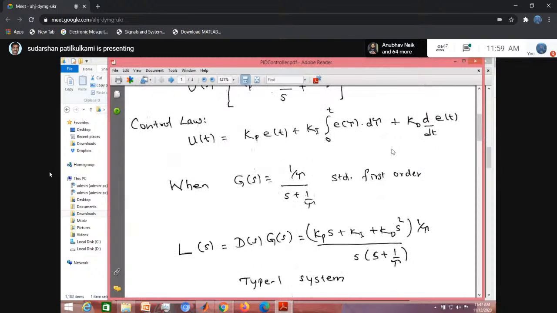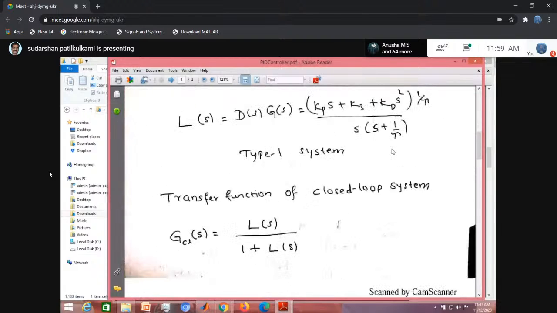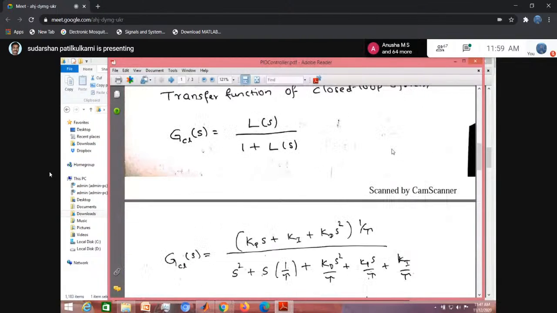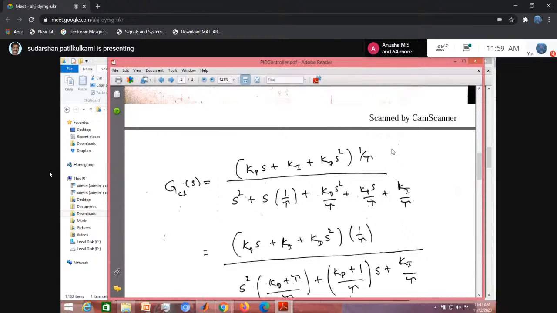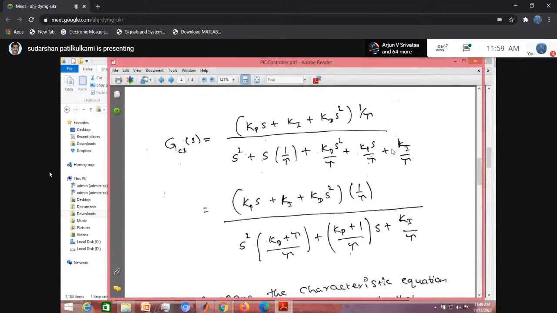And our main interest is the closed loop system. And since the closed loop system is a second order system, we can compare it with the characteristic equation of the standard second order system. In many situations, you will even get a higher order system, third order or fourth order or fifth order.